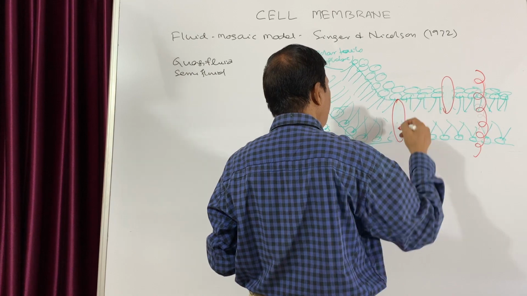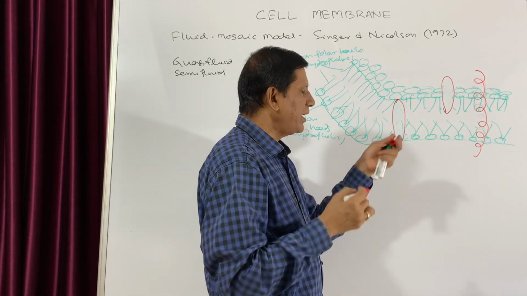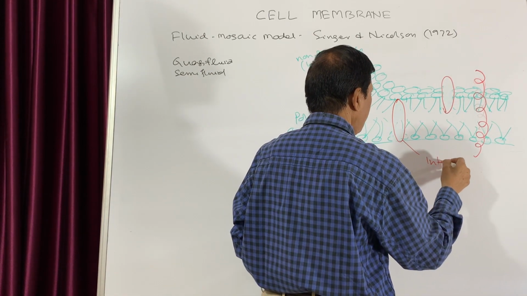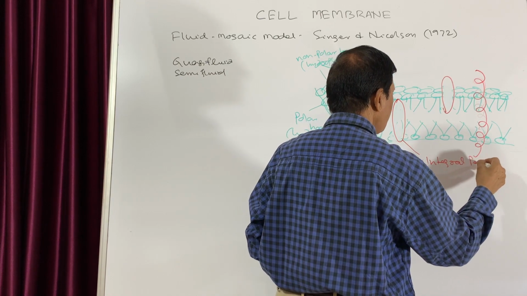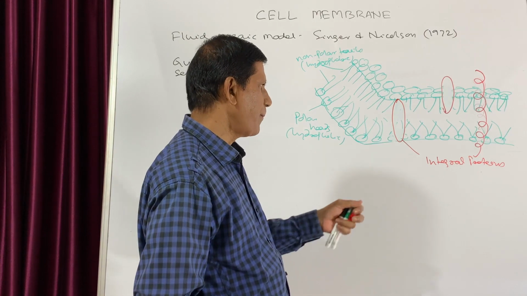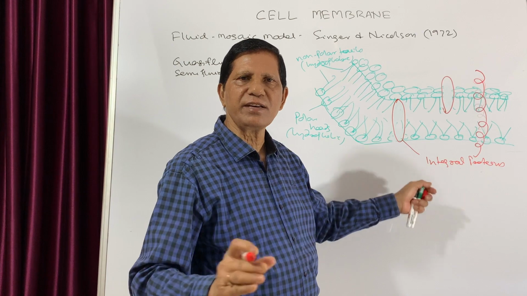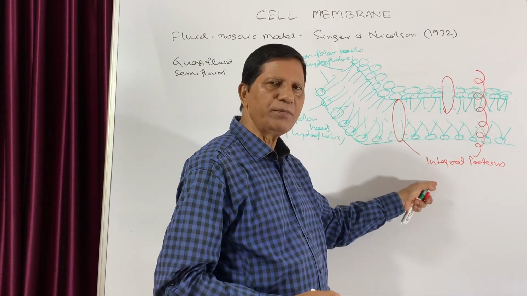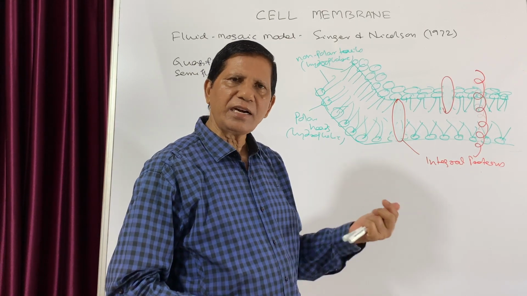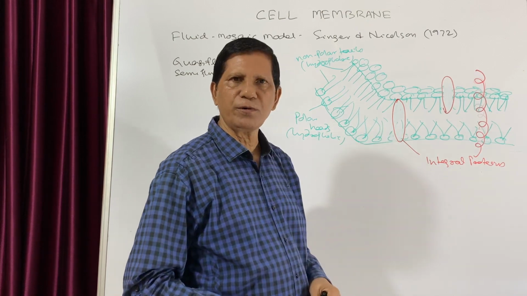So these are the different types of integral proteins. These integral proteins are insoluble and they are not easily separable. If we have to separate them, then the entire cell membrane will be disrupted. That happens when we give detergents. The membrane is disrupted and these proteins come out.